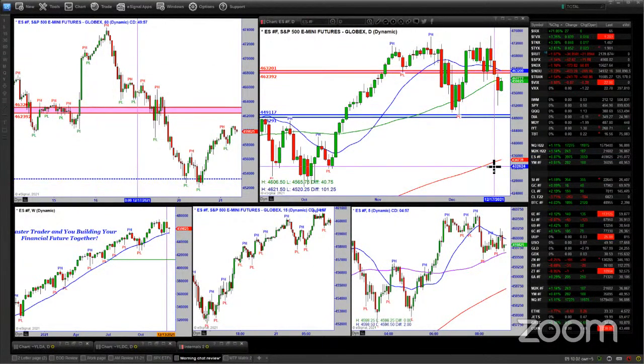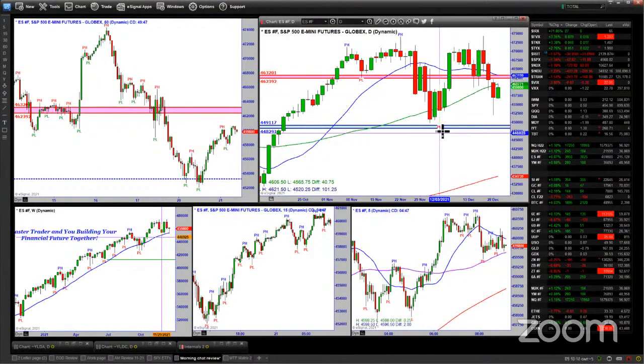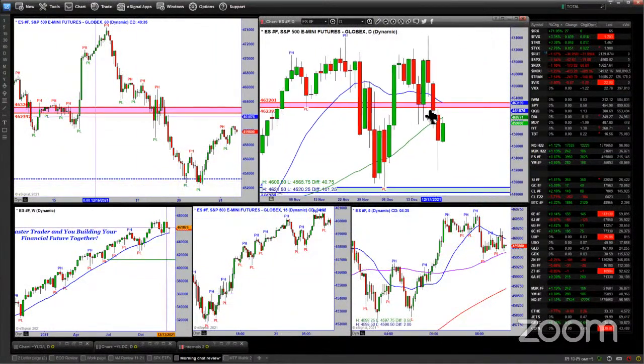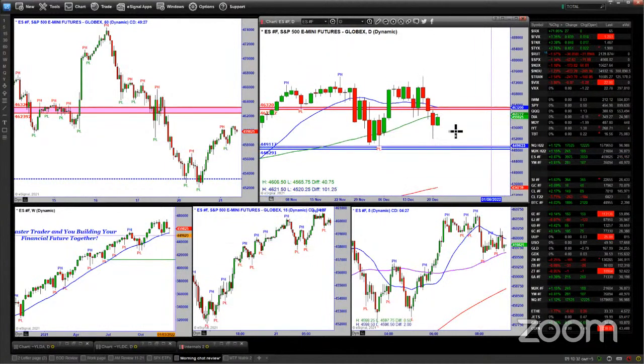And if this breaks down, it's going to be similar to what I talked about here, in that what we're going to deal with now, as this comes down through here, is going to be this area here. So if this is a stage 3, a topping pattern, in reality, what we want to see is this attempt to turn up, come up here and fall like a bag of rocks off a roof and come down here and create this price void over here.